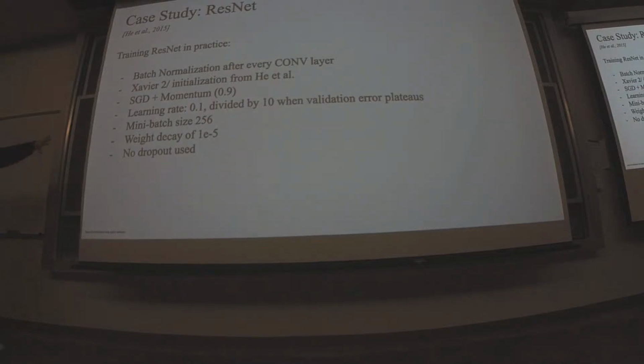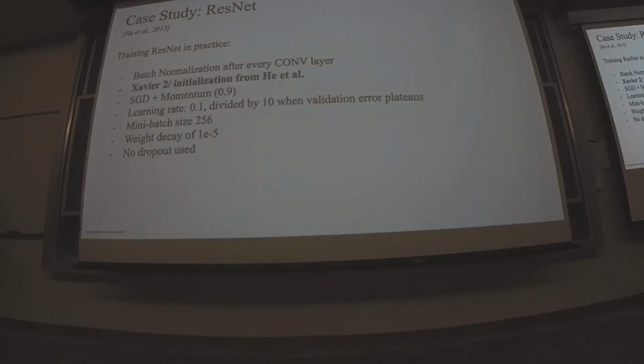It's trained with stochastic gradient descent with momentum, and the momentum parameter is just 0.9, a very typical choice. Learning rate starts at 0.1 and is divided by 10 every time the validation error plateaus. Batch size is 256. There was L2 regularization, often called weight decay, of 10 to the minus 5, and there was no dropout used at all here, which is cool.